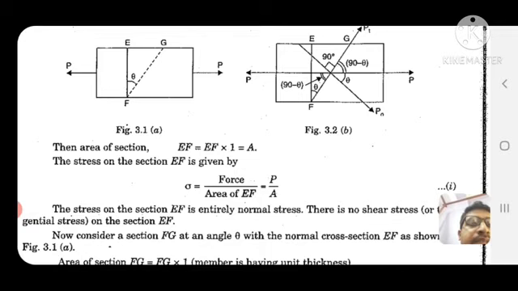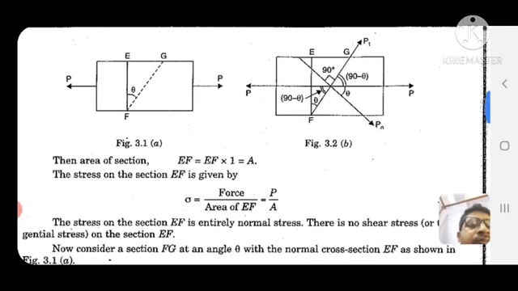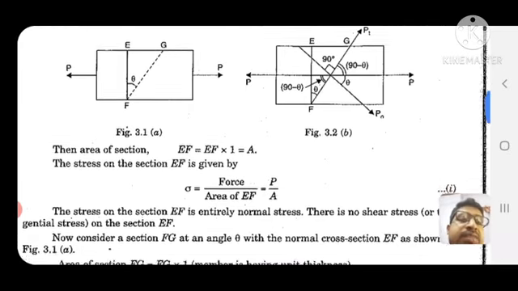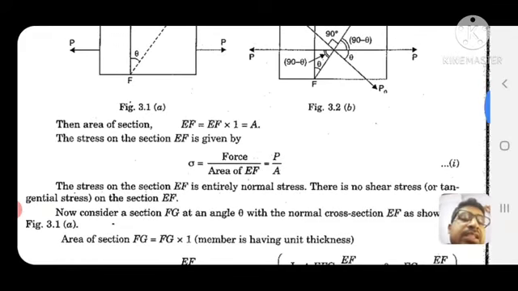So P is the force, and the angles are 90 degrees minus theta and 90 degrees. So here the area of section EF is EF multiplied by 1, which is equal to capital A.